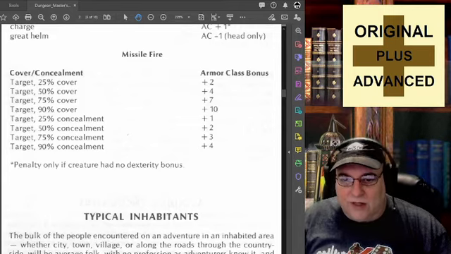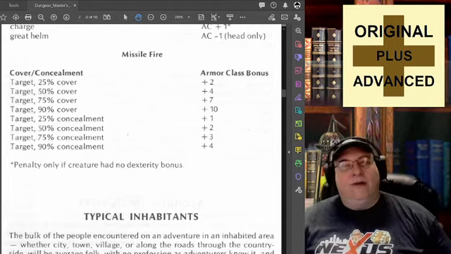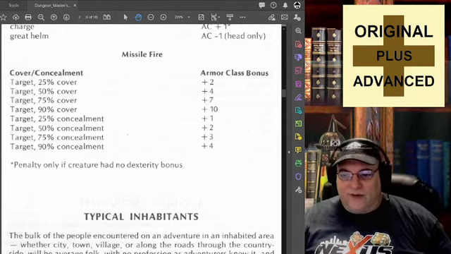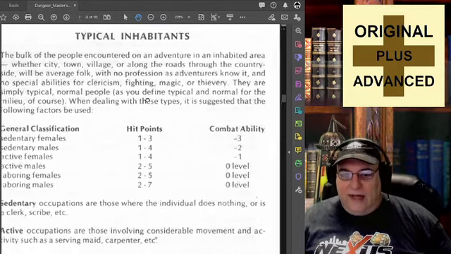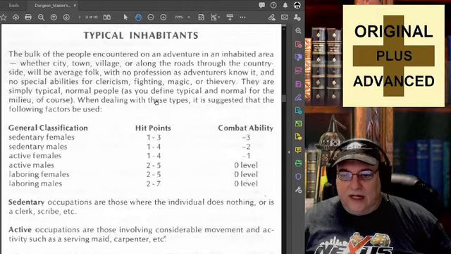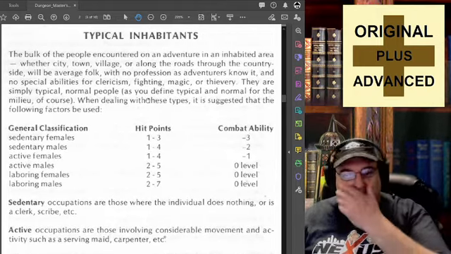Armor class bonus for cover and concealment. This is good stuff to know and have at the ready, especially if there's a lot of missile fire going around. Right? Typical inhabitants. This is an interesting thing, and we'll talk a bit about adjusting this.